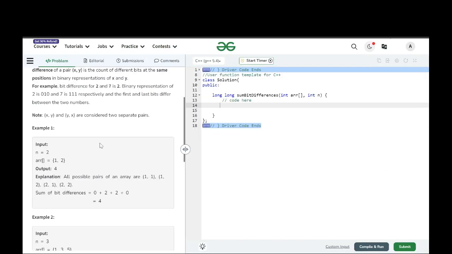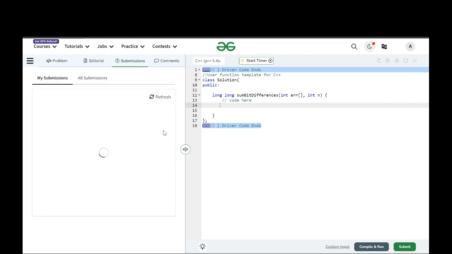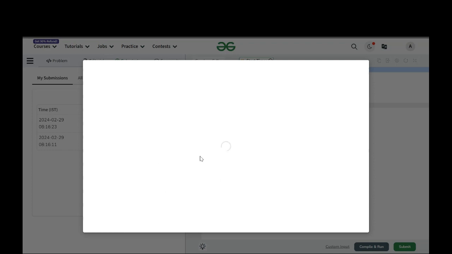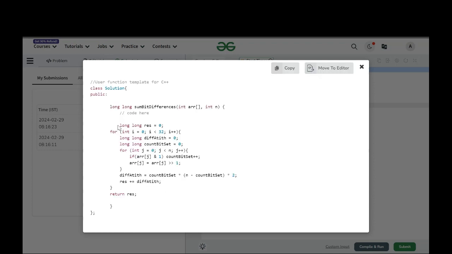All right, so let's go through the code once. So this is the code, guys. First we take the result, and we are going through each and every index from 0 to 32 bits. We have a variable which keeps the count of set bits.